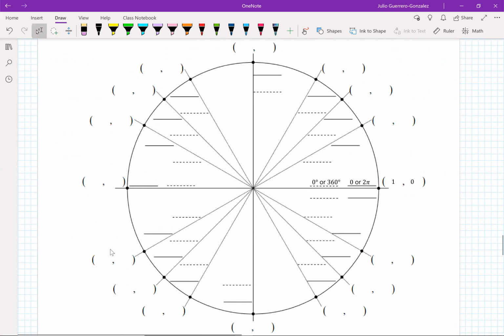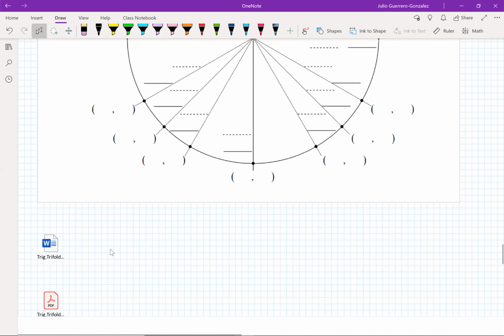This is for you guys to have and to fill out and to post up right next to your NSYNC posters or your Backstreet Boys posters or Metallica posters, whatever. Post them up somewhere. Like I said, I'm not going to make you memorize them, but you will be using them so much that eventually you will, okay? So this is something for you guys to fill out on your own.